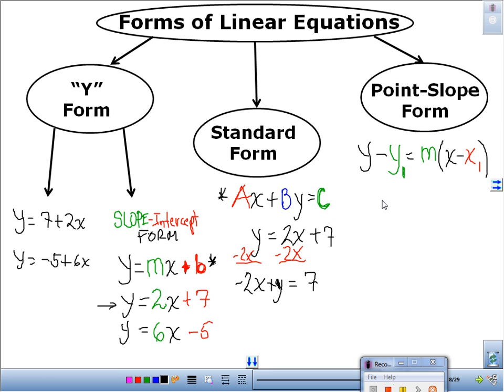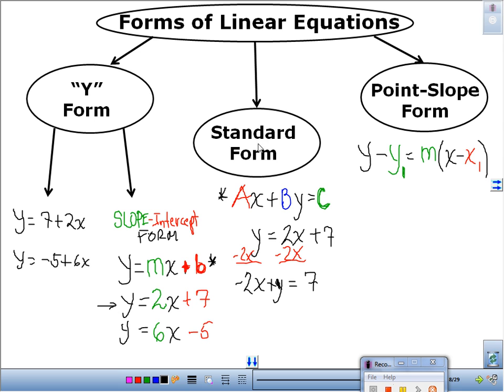So the m stands for slope. Everybody got it? And therefore, when they only give us the slope and a point and they want us to write an equation, this is the form that we're going to use. We can use this one and we can use this one to rewrite something. But this is the form that I want you guys to practice. But anyways, we're not quite there yet.